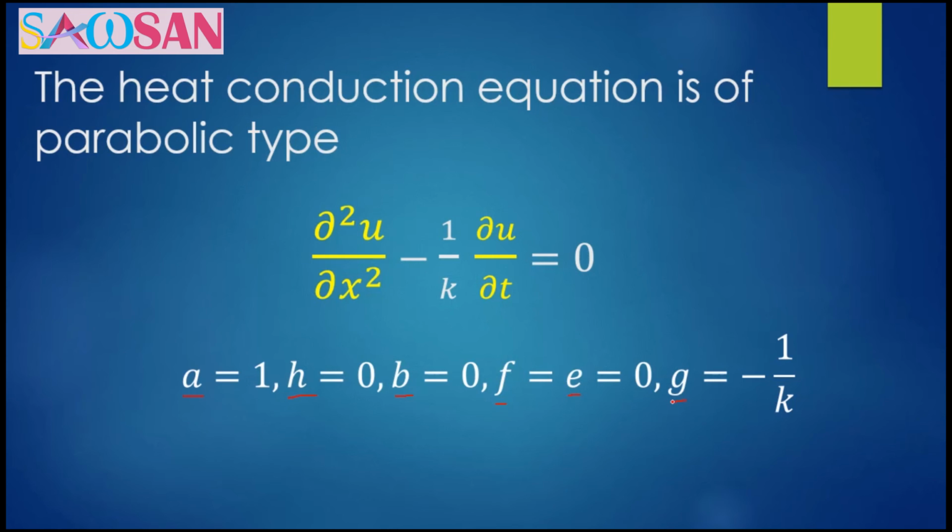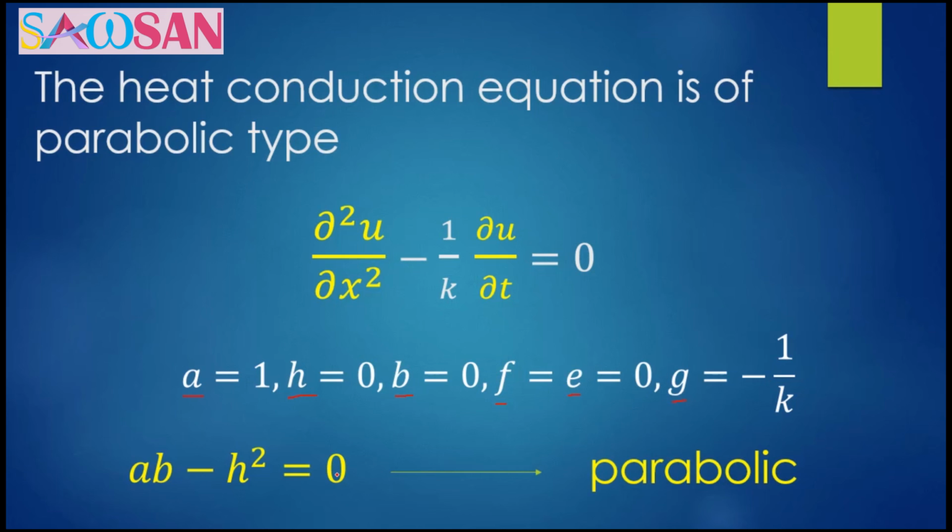Finally g = −1/k, the coefficient of ∂u/∂t. And so ab − h² = 0, and the heat conduction equation is of parabolic type.